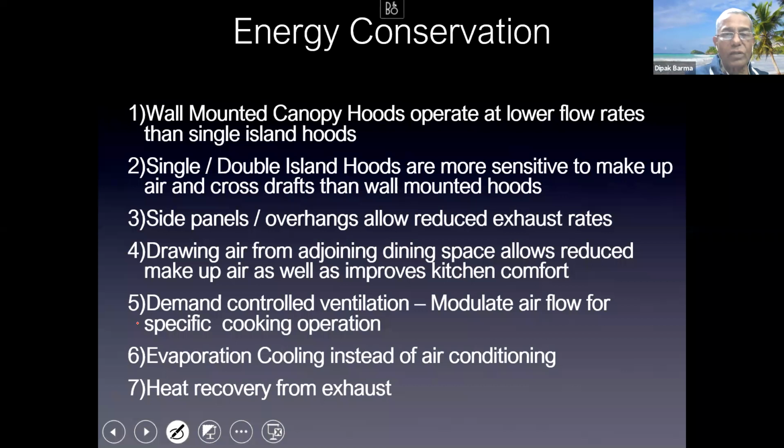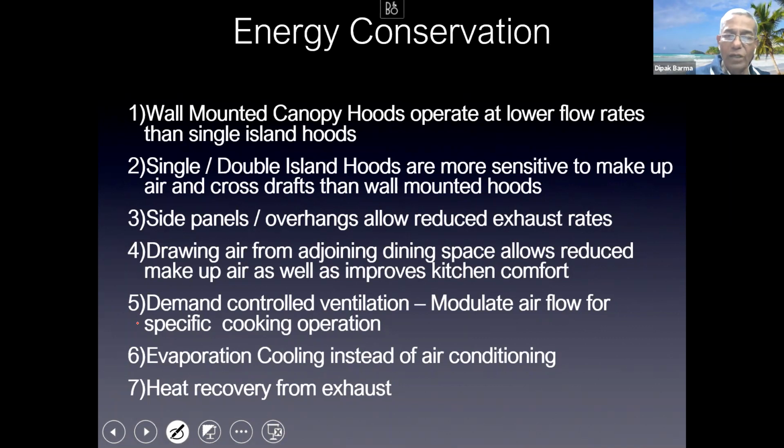These are things which we've already covered. Wall-mounted canopy hoods operate at lower flow rates. Single and double island hoods are more sensitive to makeup air and cross drafts than wall-mounted hoods, obviously, because they are open from both sides. Side panels and overhangs allow reduced exhaust rates.